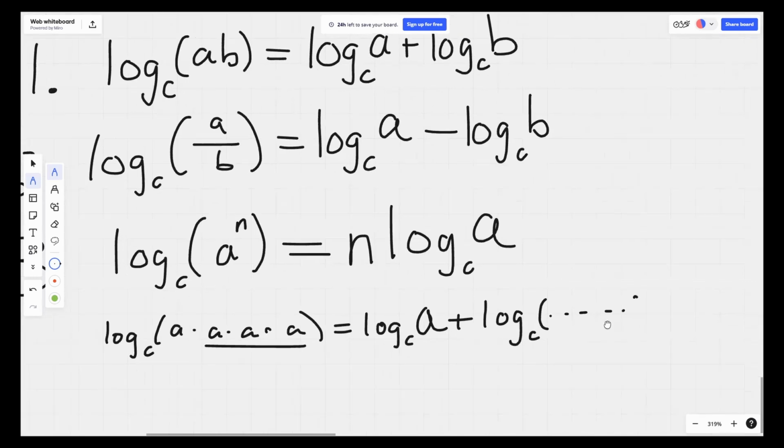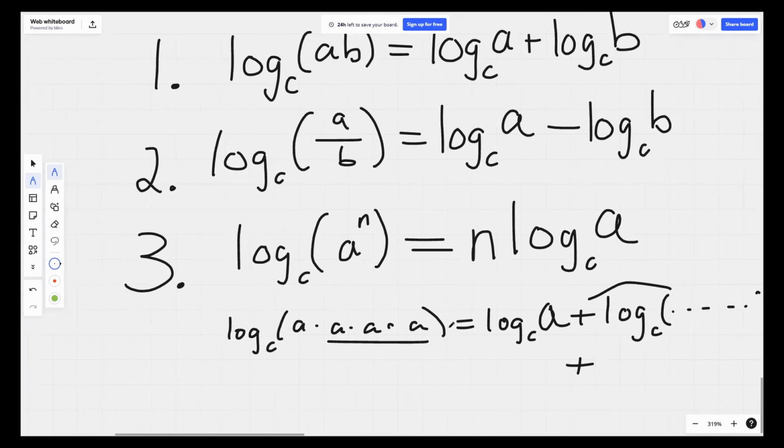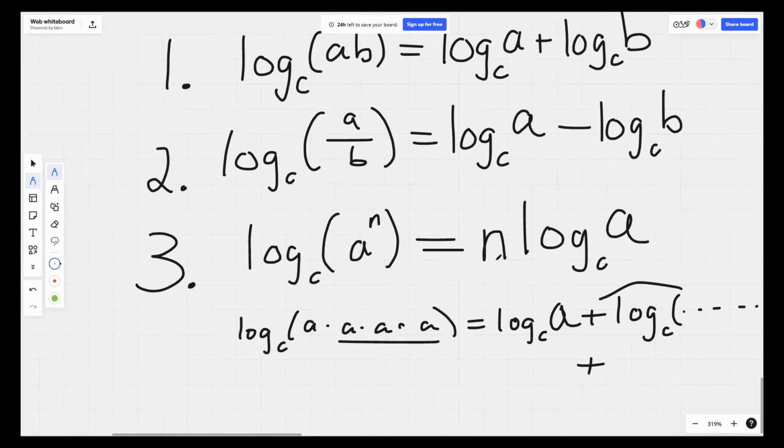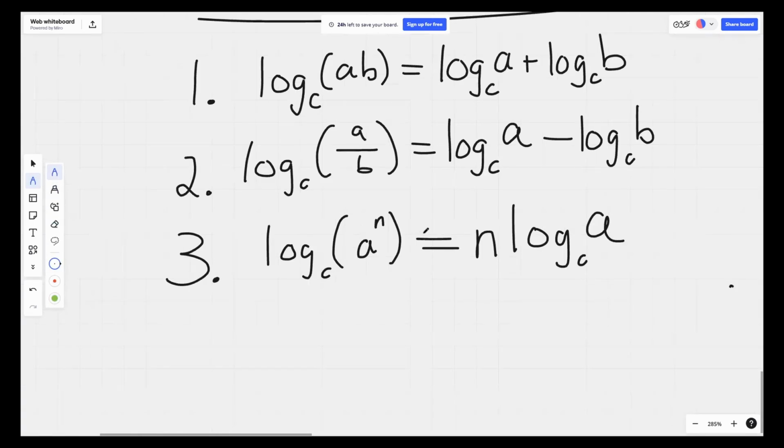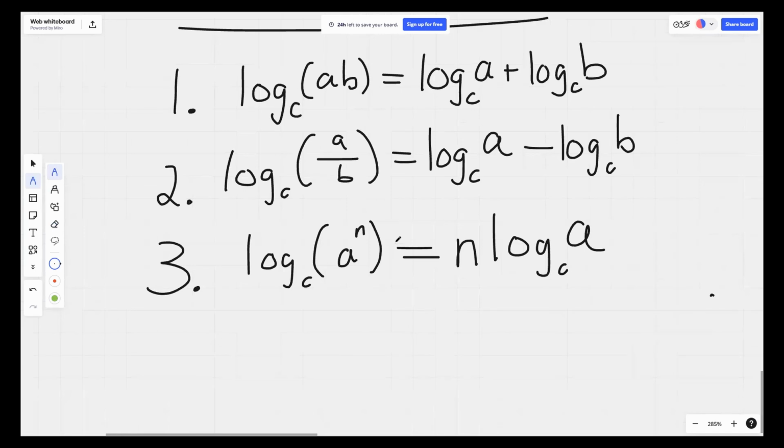Then you can continue pulling out a's, breaking up the multiplication into addition using the first property. So that's why it comes from the first one. You don't have to know that, but it's a nice thing to know. But these are our three tricky log properties.